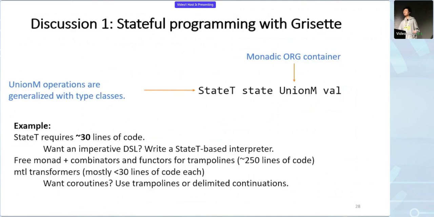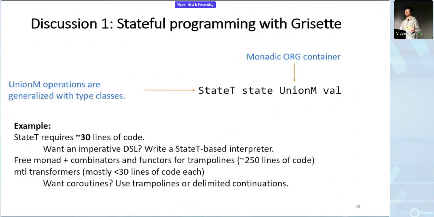For the state transformers, it takes about 30 lines to support it. And you can just write the interpreter for an imperative DSL with a state transformer. And we also provided support for free monads and combinators, functors for trampolines, and also all the MTL transformers. And if you want to reason about coroutines, you can use trampolines or delimited continuations.